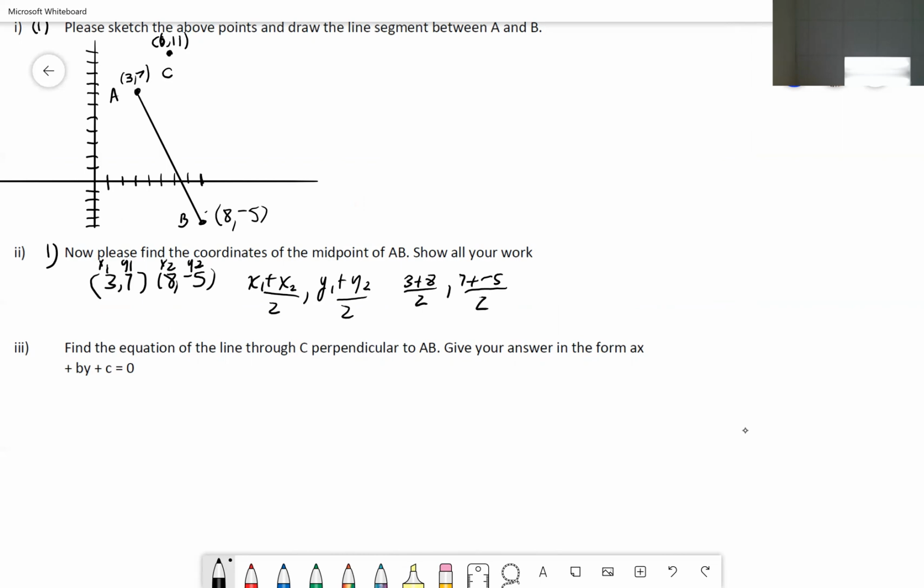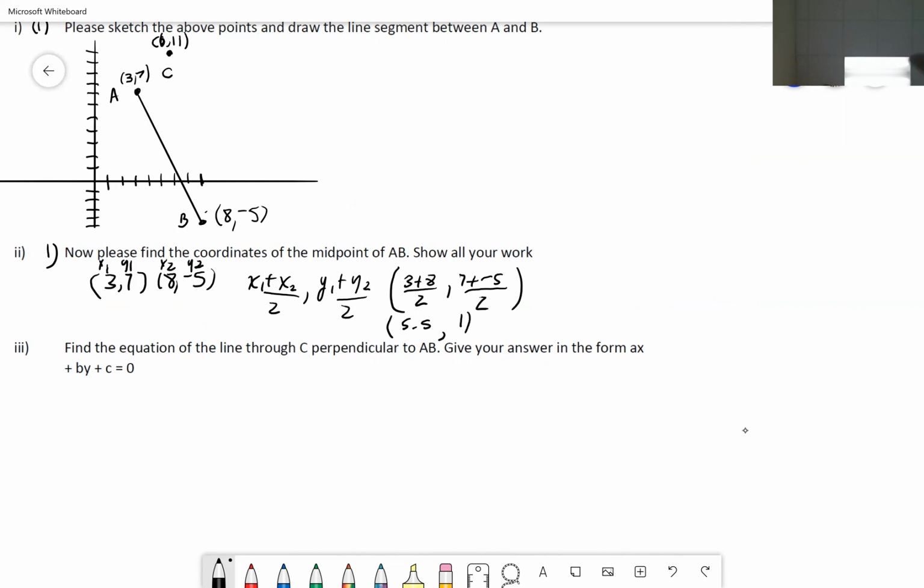But I don't feel like getting up and down. 8 plus 3 divided by 2 is 5.5. So we end up with 5.5 here, comma, 7 plus 5 but negative equals, and divide that by 2. So dumb, it's just 1.